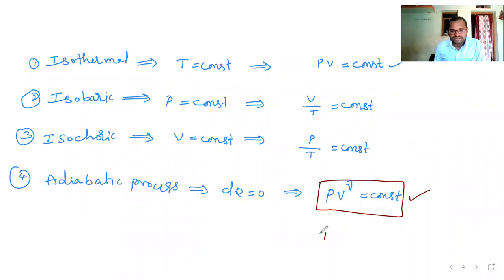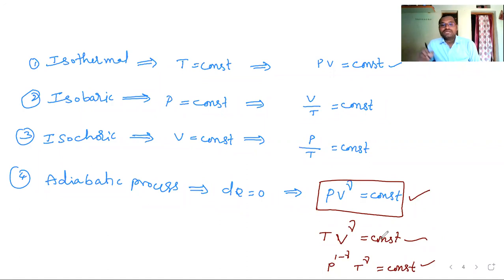These are the 3 equations which describe the adiabatic process.